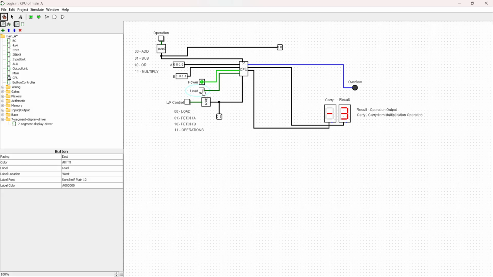Why is it 1? Oh, sorry, wrong number. -2. -2 is E. Yeah, it will result in -2, which is E, because I do +3 plus -5, which is -2. But -2 in the unsigned is 1, 1, 1, 0. But if we represent it in the 7-segment display, it will output E. So yeah, it works. We reset the simulation.